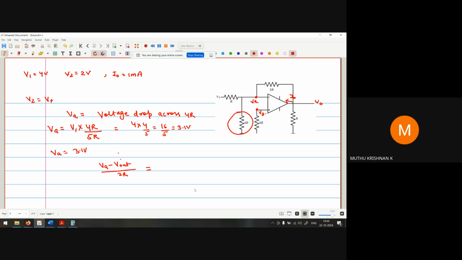Yes, correct. So will it still be 3.2? The KCL needs to be done to find the exact VA. So I just put this as my VA and this as my VC.